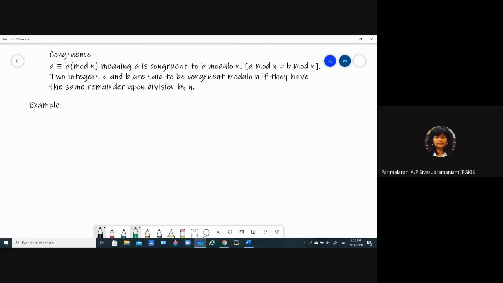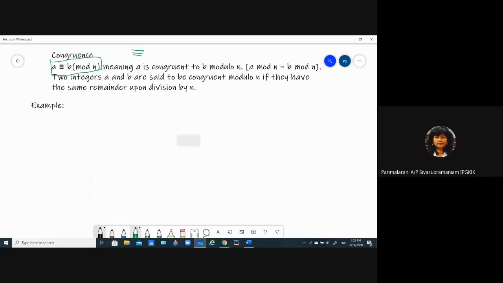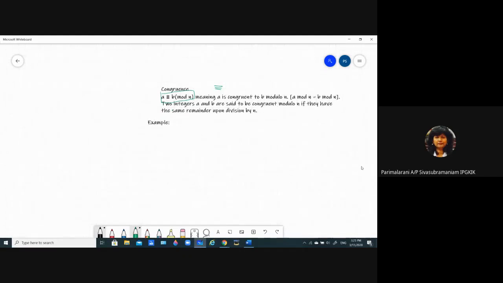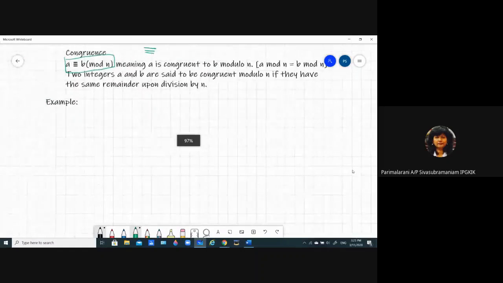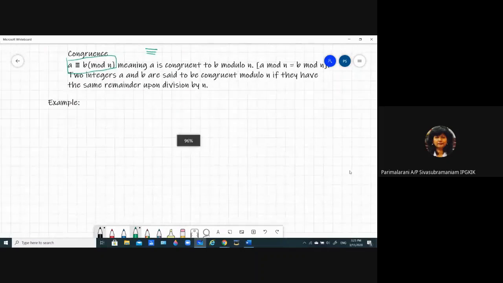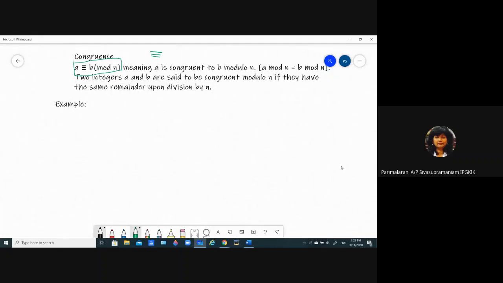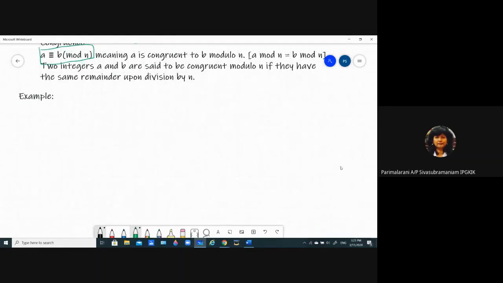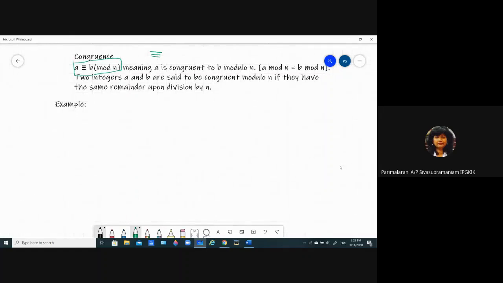Okay, congruence. So if you're given something like this, it means that A is congruent to B modulo N. This symbol here means congruent.